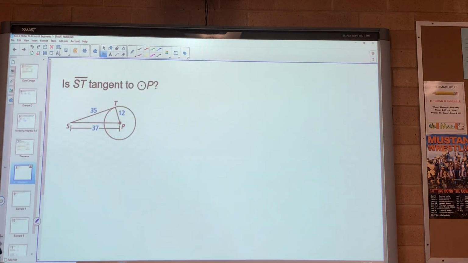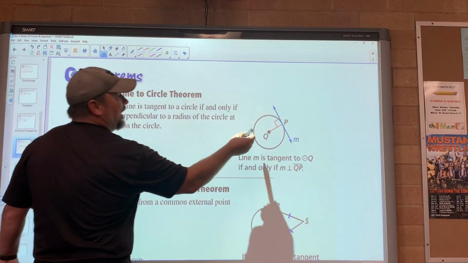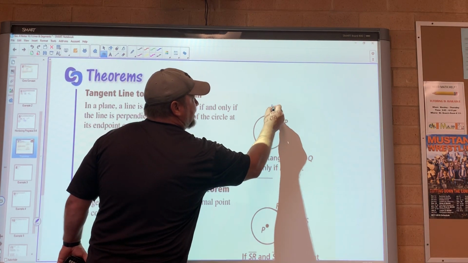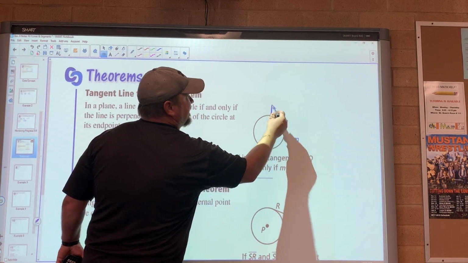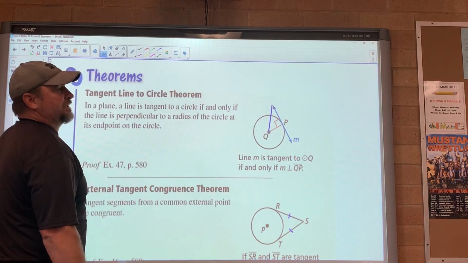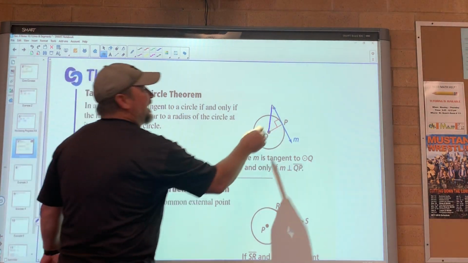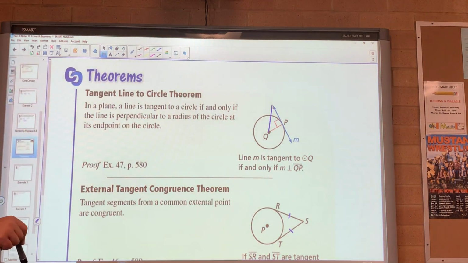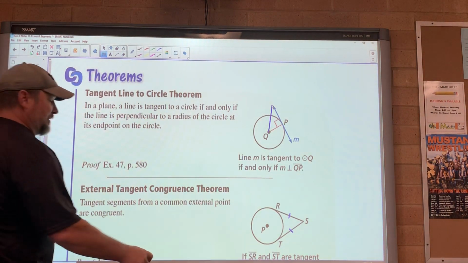All right, let's prove that here. I told you that if we were looking at this one, if we wanted to prove if this was truly a tangent, then you guys, we will end up using Pythagorean's theorem to do this. Because if we have a right angle, then we know we have a tangent.